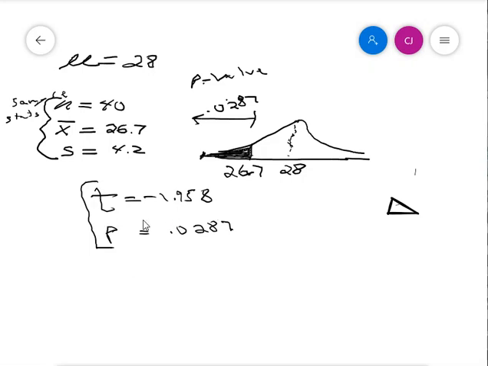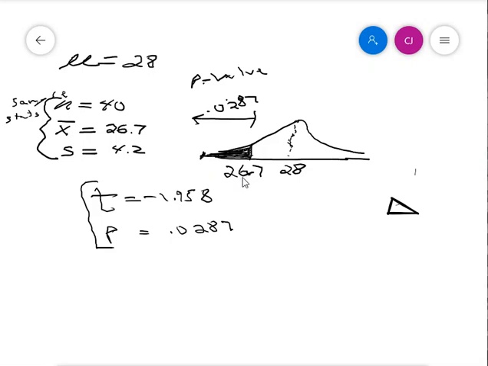So how do I know if this is basically more than 2 standard deviations away from the middle? Statistically speaking, that's why we have the p-value up there. Because we look at it in terms of area, because the more you move away from the middle, the smaller the area is. So if the area here is very small, then we know that we're pretty far away from the middle.